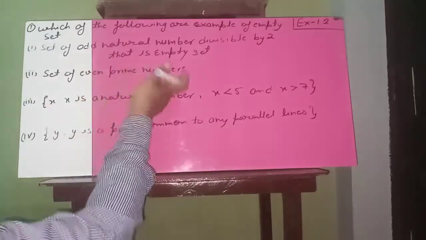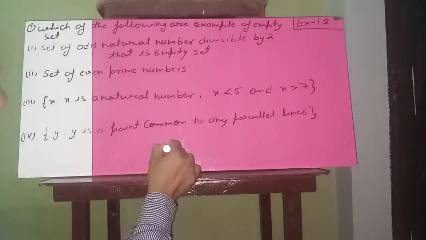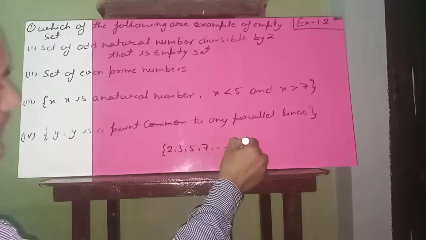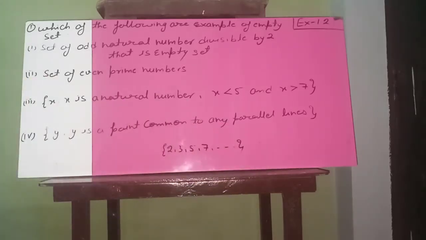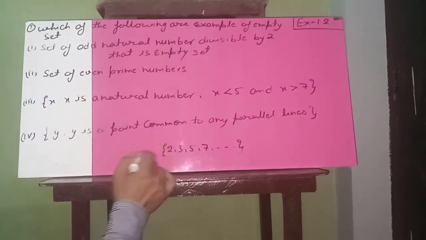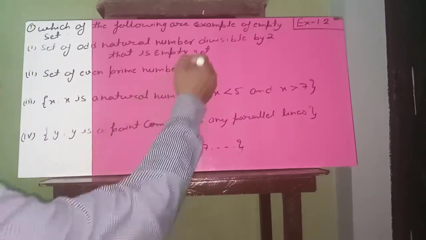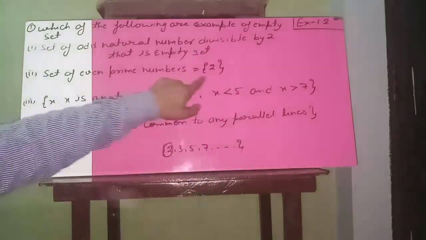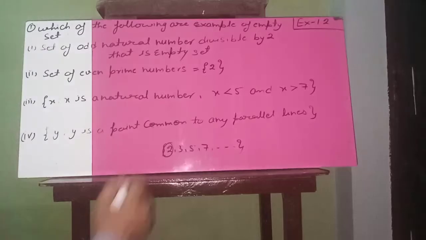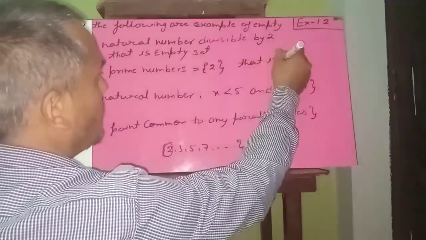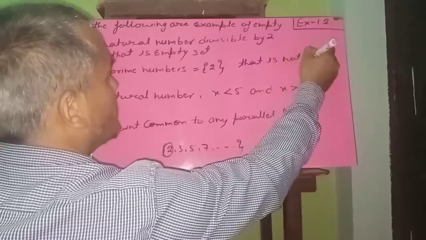So it means that is an empty set. After that, the second is the set of even prime numbers. So what are prime numbers? Prime numbers are 2, 3, 5, 7, and so on. So in the set of even prime numbers I have the element 2. It means 2 is an even prime number, so that is not an empty set.